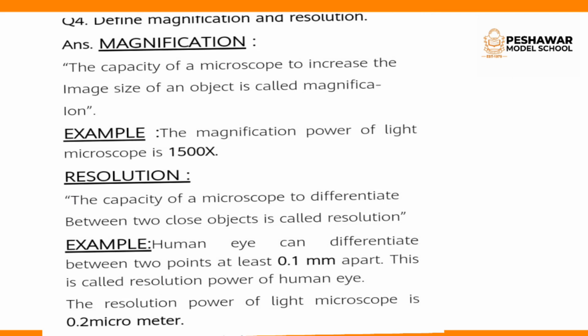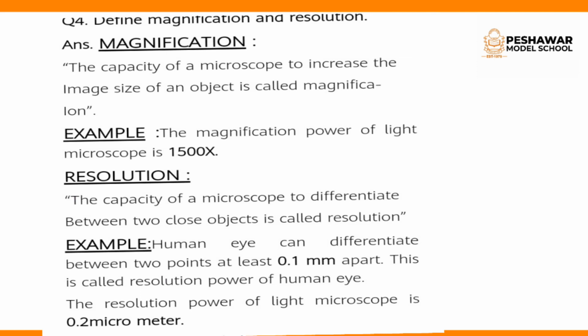It means that if two things are very close to each other, and the microscope gives us the idea that they are separate things placed separately from each other, this power of the microscope is known as resolution power.